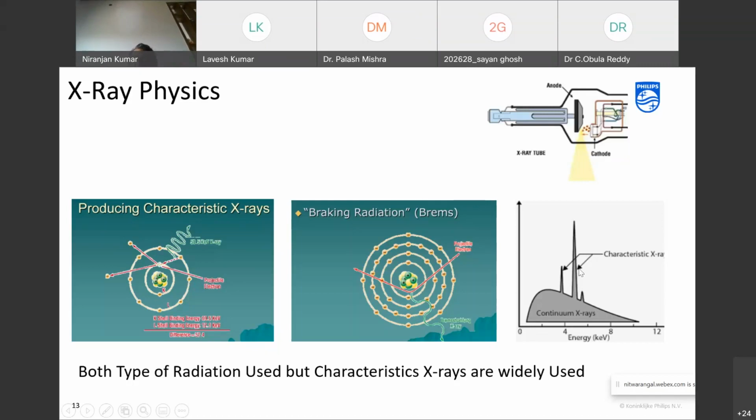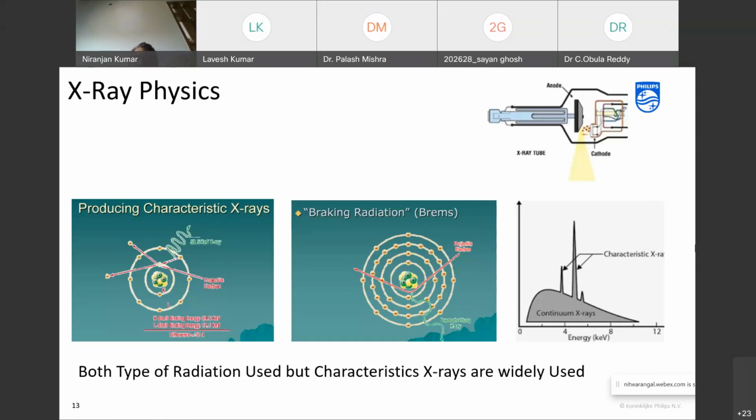The reason we use it is that the amount of X-ray generated in the characteristic phenomenon is high, and it also has a very stable energy. We can define the X-ray in this region much better, and later you will understand that we need X-ray control, which means we need control of the X-ray energy and the quantity of X-ray.